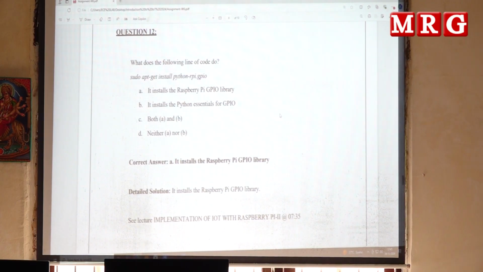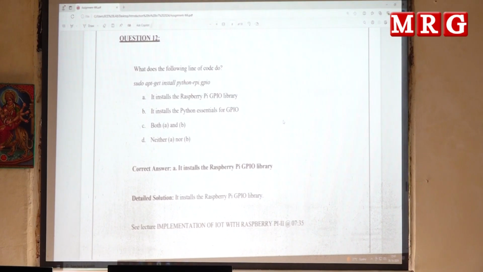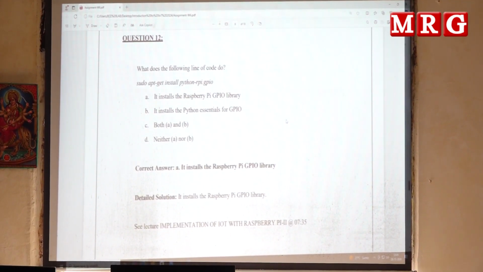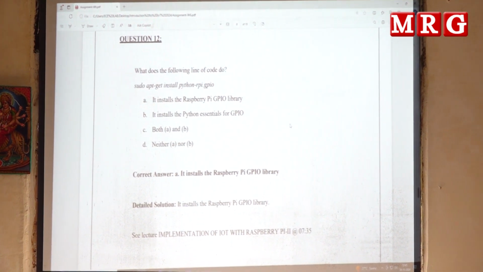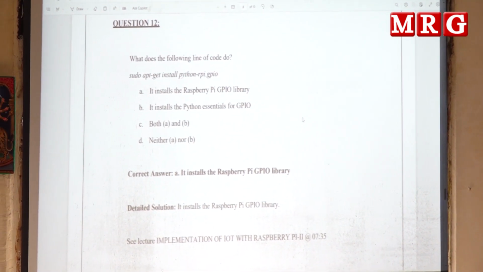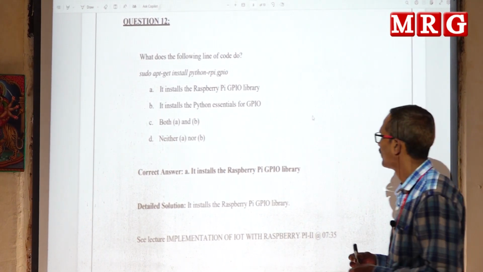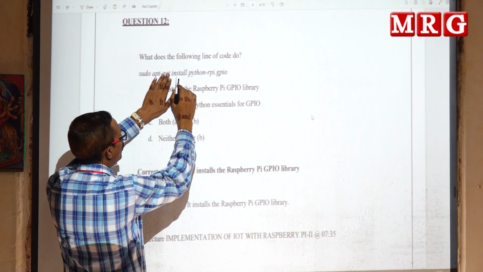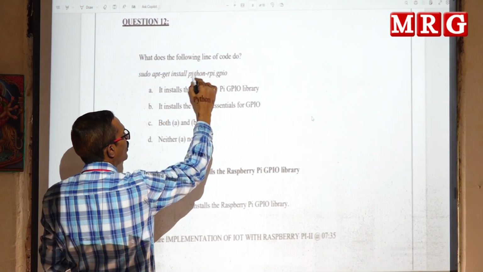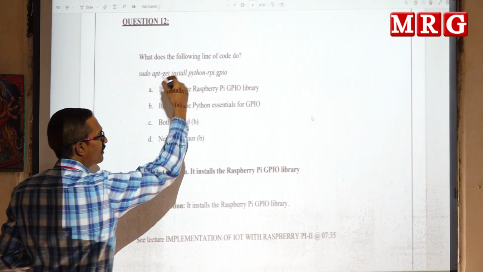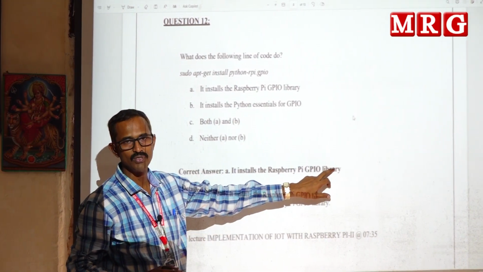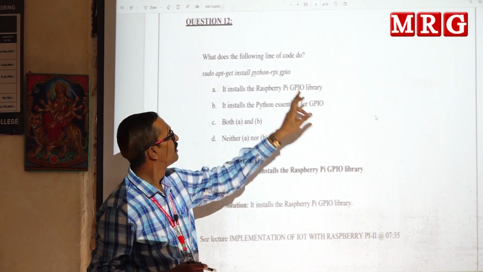Again code. Sudo apt-get install python-rpi.gpio. See here, install, you already know pip install, sudo install. We are expecting it to download this library. So it is installing the Raspberry Pi GPIO, General Purpose Input Output library.